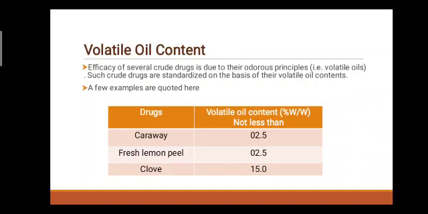The first drug caraway, the volatile oil content not less than 2.5% weight by weight. Second, fresh lemon peel, the volatile oil content not less than 2.5% weight by weight. And third one, clove, volatile oil content not less than 15% weight by weight.